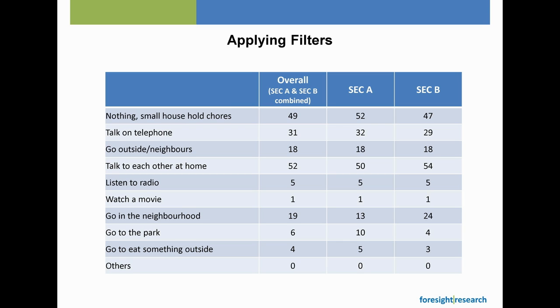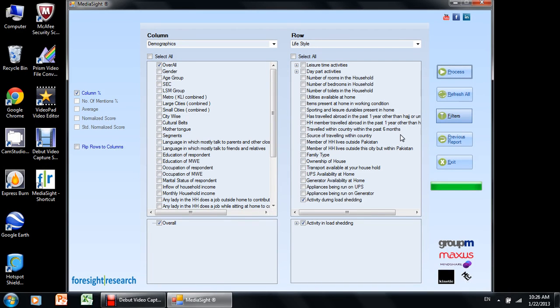You can see on your screen the column set we have mentioned before. Remember, we have already processed and displayed the first column, that is overall. So we will go back to the column on MediaSight and click on SEC for expandable selection and select A and B. We click the process button and we get our output.